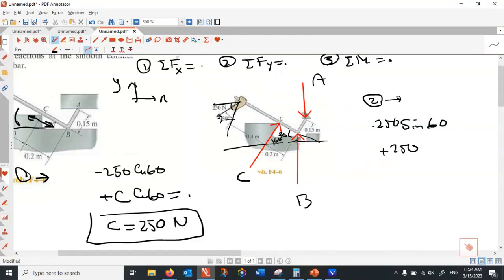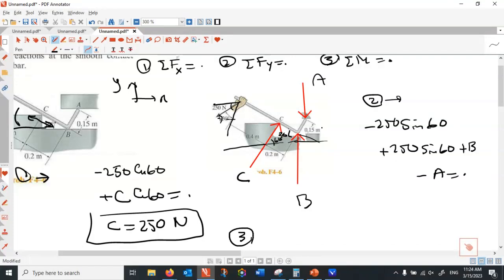Sorry, this one is negative, minus 250 sine 60, plus B minus A is equal to 0. So that has two unknowns, we cannot solve. So let's postpone the use of that equation to the last stage.